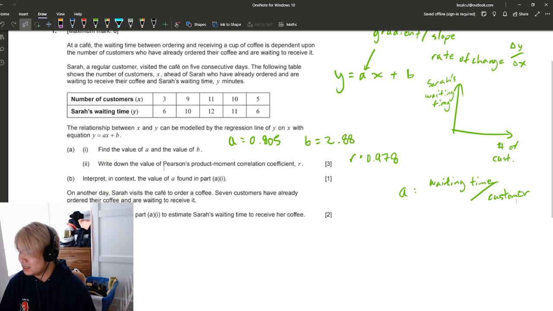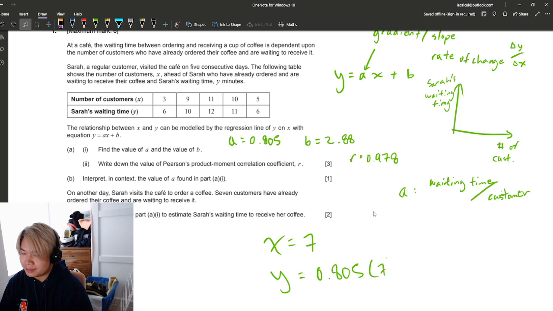So that's just context. Okay, and then the other day, Sarah visits the cafe to order a coffee. 7 customers have already ordered their coffee. Use the result from part AI to estimate Sarah's waiting time. So we know that X is 7, so we're going to plug this into our linear regression formula as my x value and see what the waiting time will be.